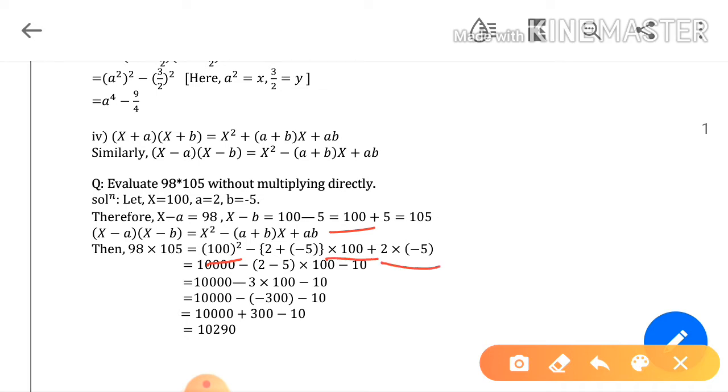Then we plug in the values and calculate it, and the final value is 10,290.